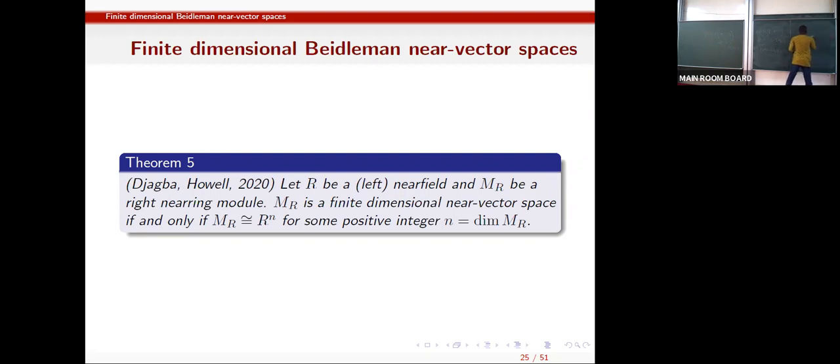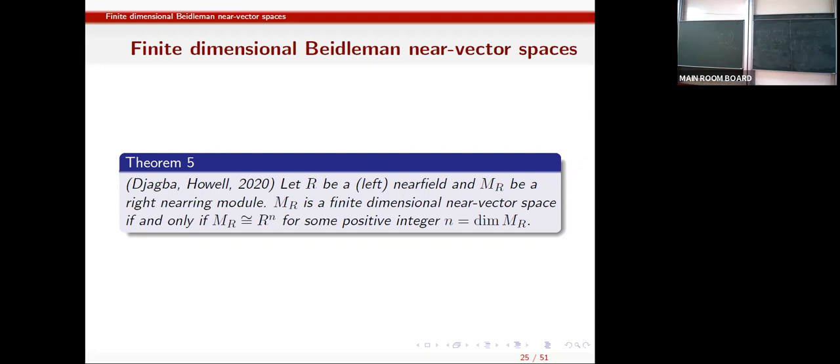And then we can define a map phi from R^n to M. For every tuple R1 up to Rn, we associate the sum of Mi Ri. We can show that this map is an isomorphism. So then every Beidleman near vector space is isomorphic to R^n.